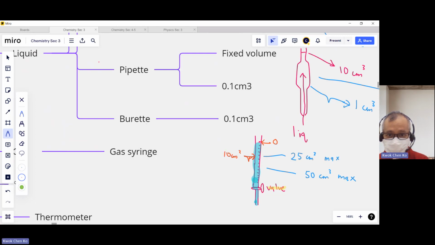Okay, so what I do is, once I have prepared the burette in this manner, I move it over a conical flask or maybe a beaker. Then I open the valve.